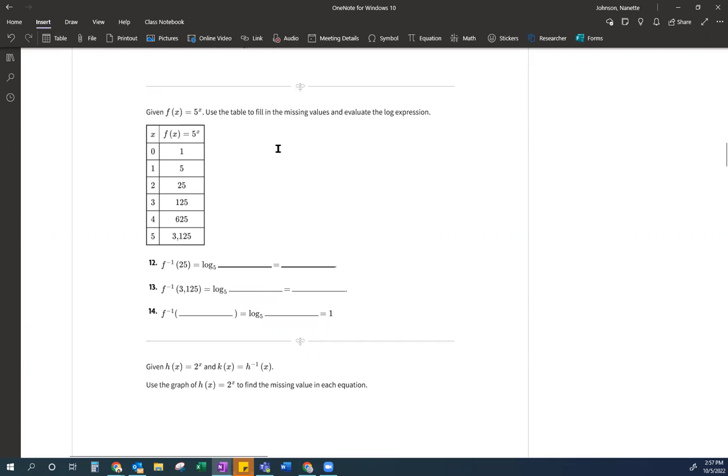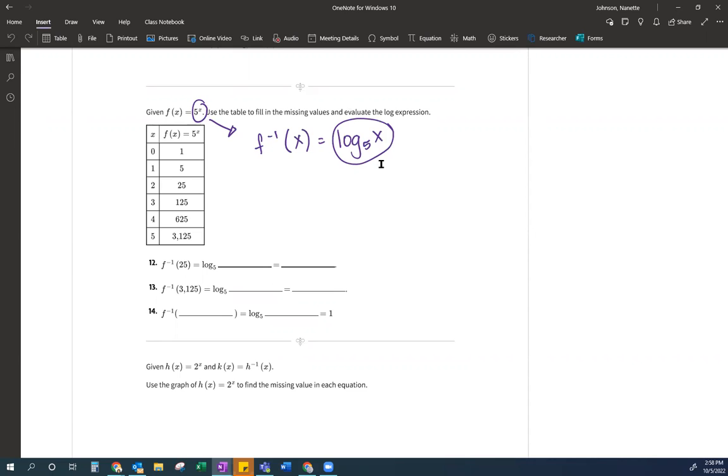So you should know in your head 5 to the x and log base 5 of x are inverses of each other, just like multiplying and dividing, just like adding and subtracting. If you don't know that these two, 5 to the x and log base 5 of x, are inverses of each other, they undo each other, then make sure that that's at the top of your screen. You write that every single time you start homework.